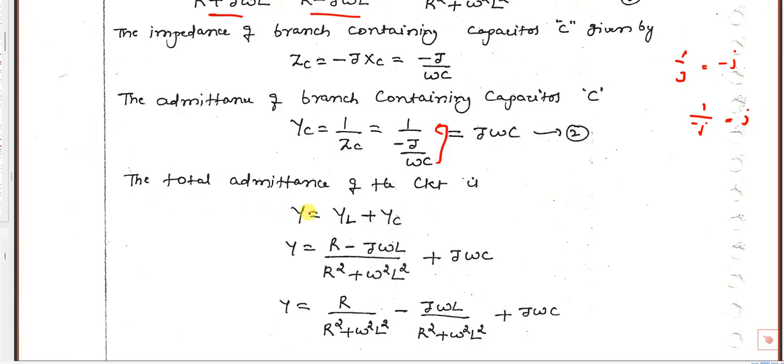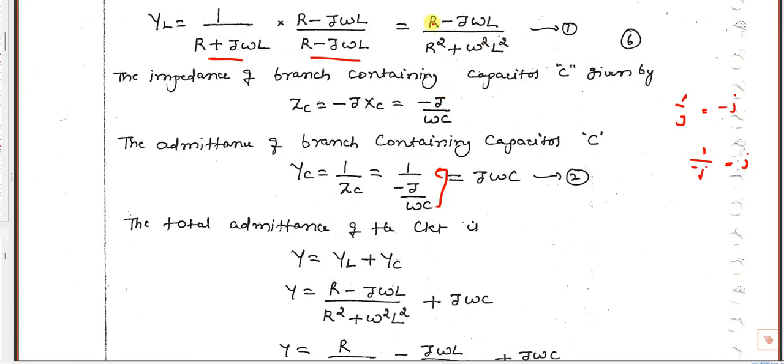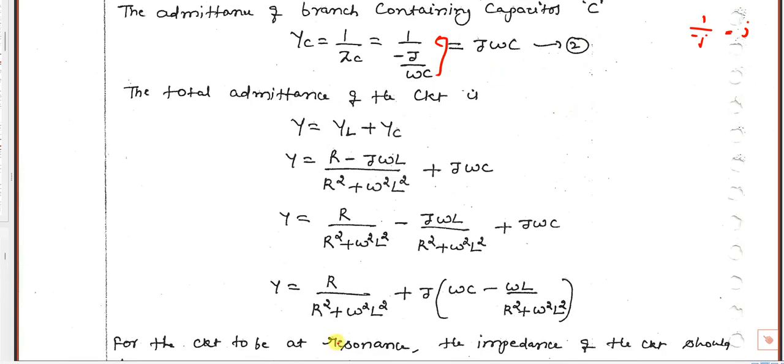After rationalizing the inductance path, we have R minus j omega L divided by R square plus omega square L square, and this you have to separate. The real part is R divided by R square plus omega square L square, and the imaginary part is minus j omega L over the same denominator, R square plus omega square L square.